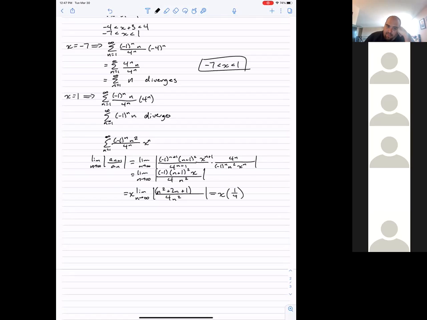Would that be true if the power on n was any constant? No. Well, 0 is a constant, which is going to throw a monkey wrench. Okay, any positive constant, good call.